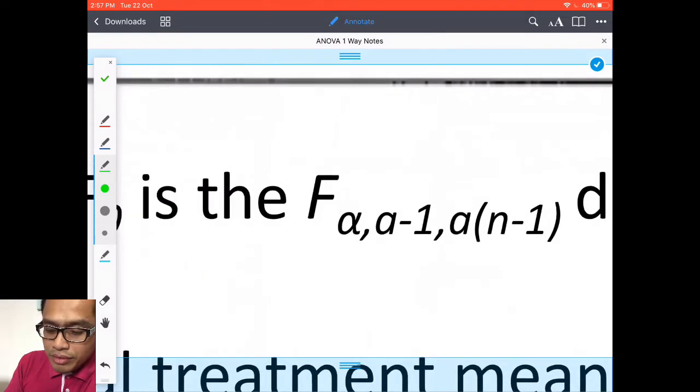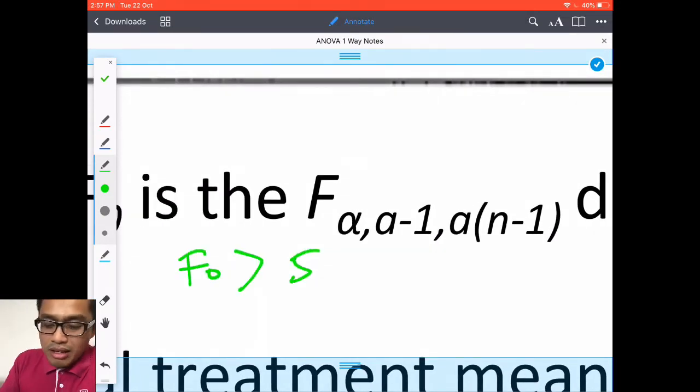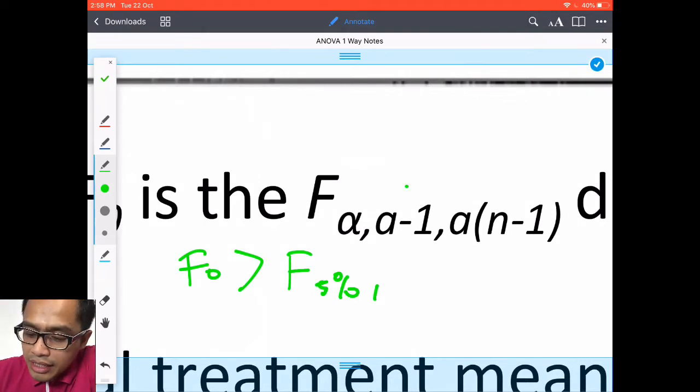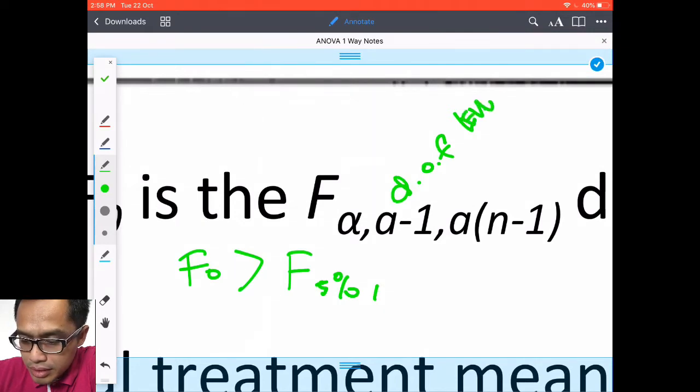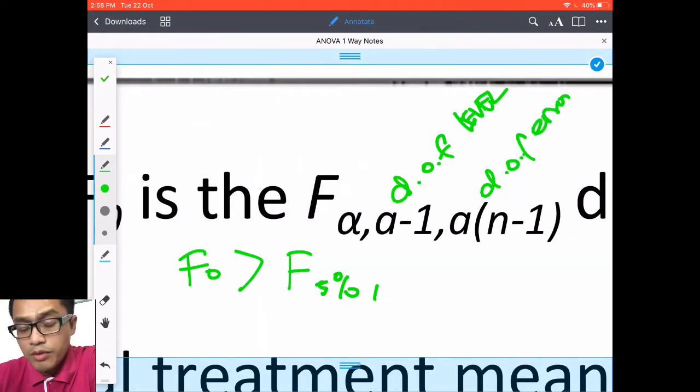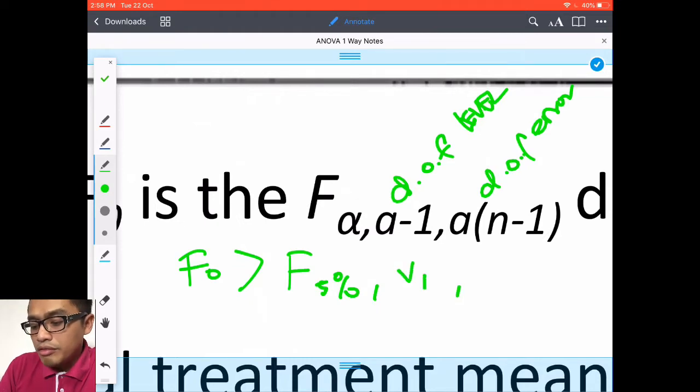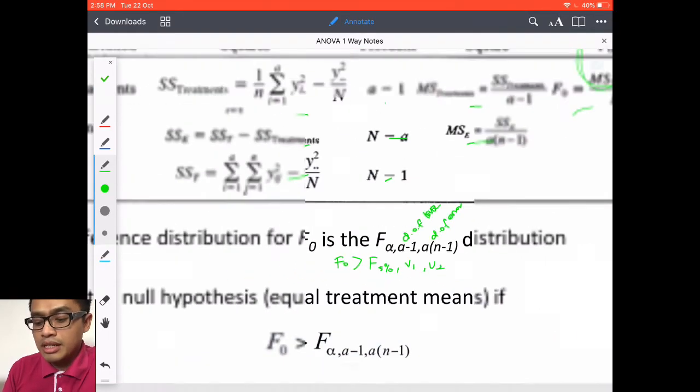If F0 is bigger than this, so usually we use 5% alpha, and this is the degree of freedom of level. This one is degree of freedom of error. Okay, take note. In the table, you have V1 and V2. What are these? Wait for the end of the slides, I'll tell you what these are.